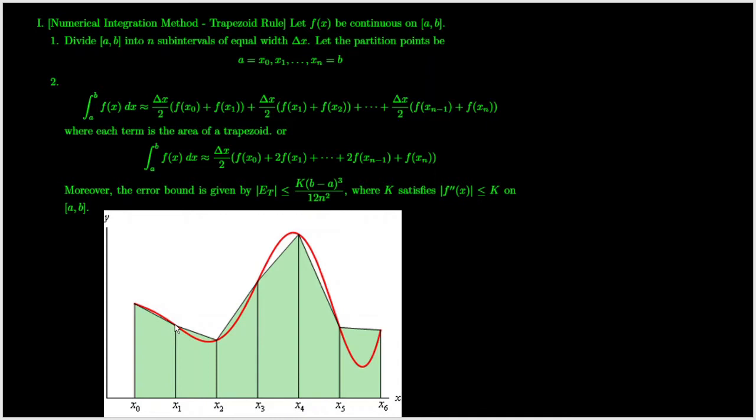Now let's recall the formula for computing the area of a trapezoid. It's easy to see the area of the trapezoid is computed using the first term on the right hand side.